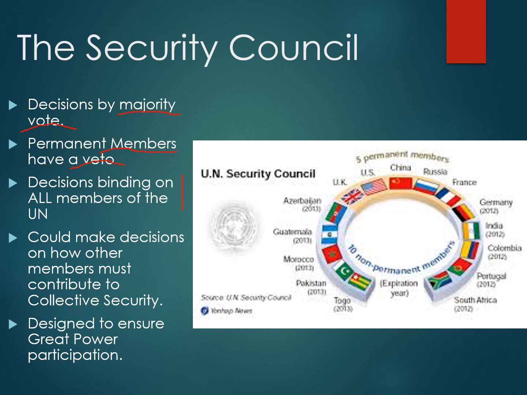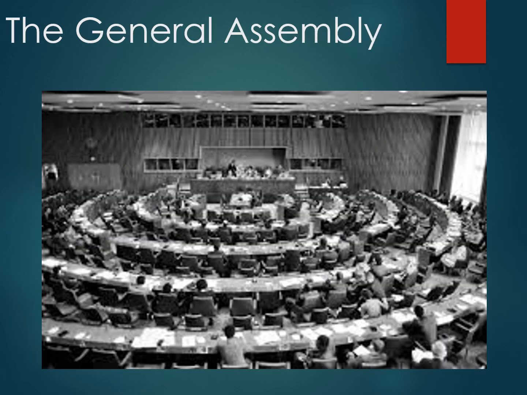What about the other organs of the UN? The General Assembly, much like the League's Assembly, was one where all members had a seat. It was one country, one vote, but again, decisions would be made by majority vote.